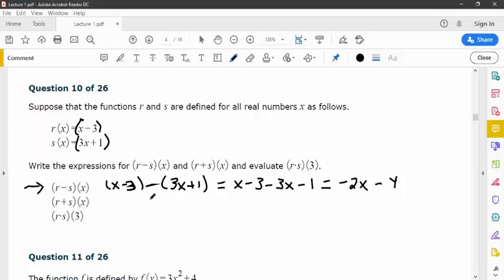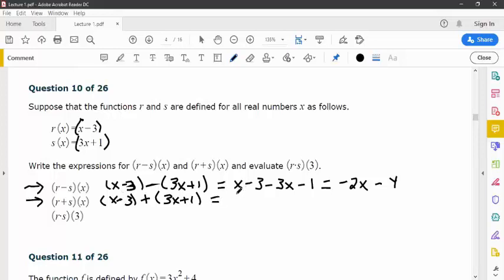For the second problem, the addition problem, we're adding the two together. So again, I write my r function, which is x minus 3, plus my s function, which is 3x plus 1, and now get rid of parentheses.